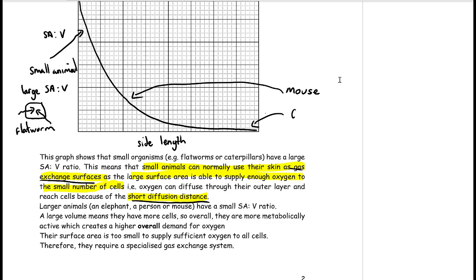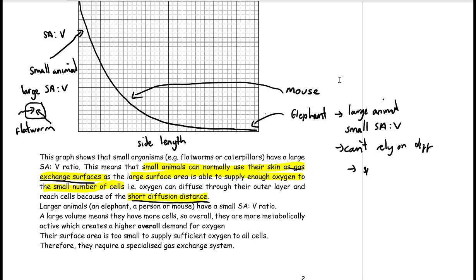And if we go to here, like an elephant, an elephant's obviously a very large animal, so it has a very small surface area to volume ratio. So this means that it can't rely on diffusion. So it needs a specialized exchange system and it needs a specialized transport system.